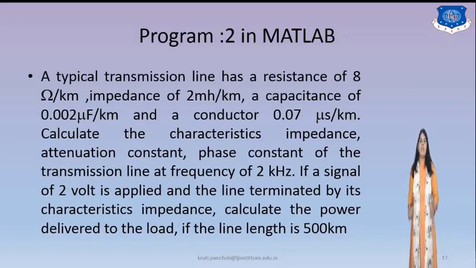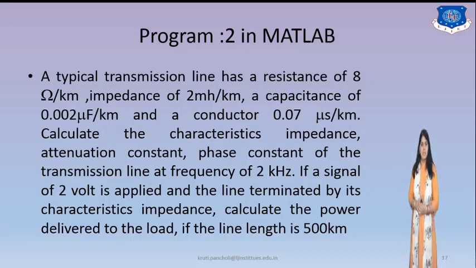Next, a typical transmission line has a resistance of 8 ohm per kilometer, an inductance of 2 millihenry per kilometer, a capacitance of 0.02 microfarad per kilometer, and a conductance of 0.07 microsiemens per kilometer.